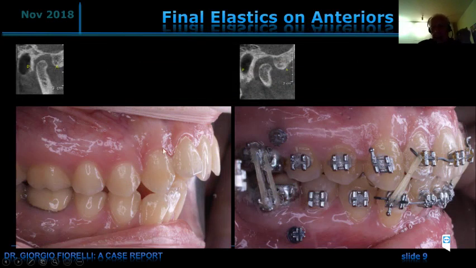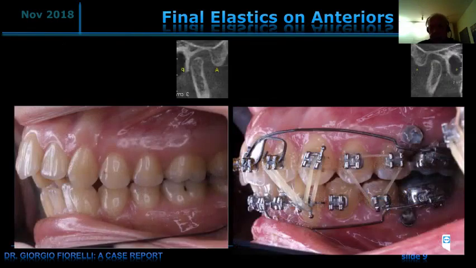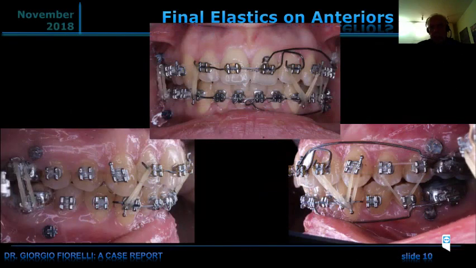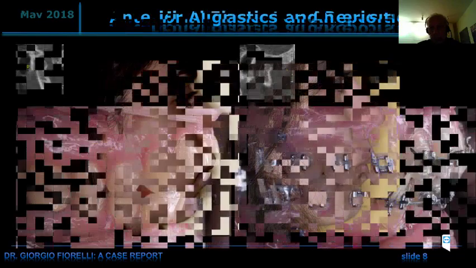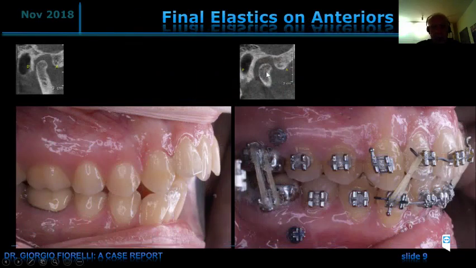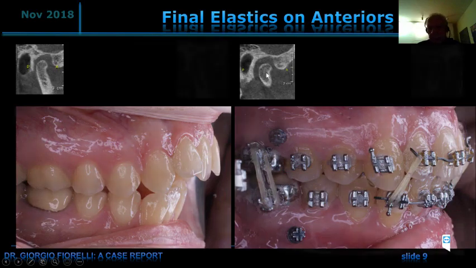At the end, you can even use this vertical elastic to improve the occlusion. That's not a danger. See here? And it's interesting, you see the change of the position of the condyle. You see here and here. It's more centered.